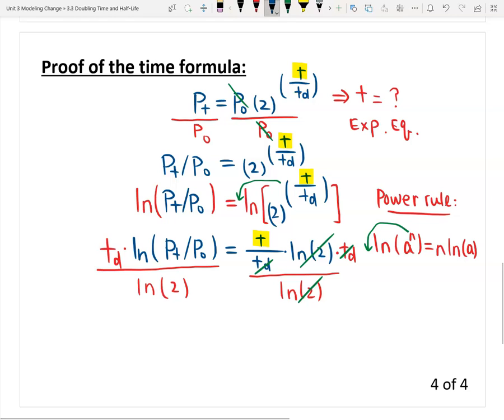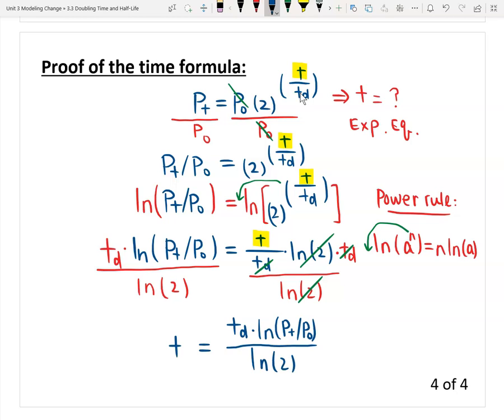Now let me put down the answer. We have t equals a fraction: TD times ln of PT over P0, over ln of 2. This is the formula. Do you remember? It's exactly the same. Okay, so that's the proof.